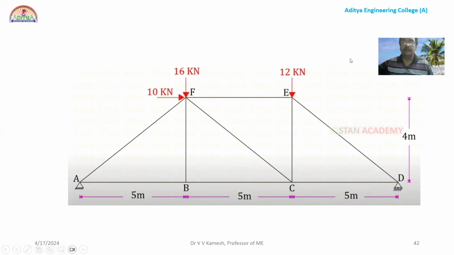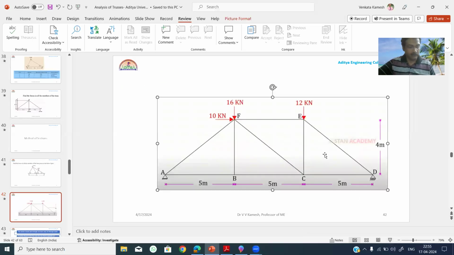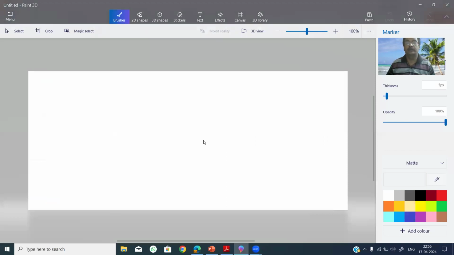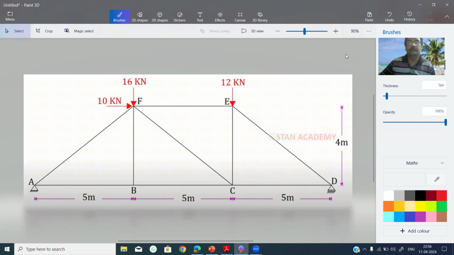I will take this figure to another screen, Paint 3D. Here I will show you how to do these sections. So section means cutting.